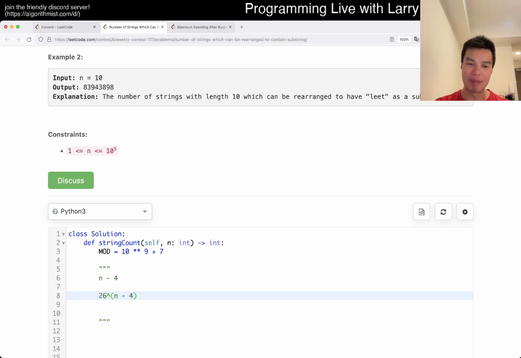Because basically you could think about these things as dividers, and then now you have this classic stars and bars pattern. Right, so that's basically the idea.